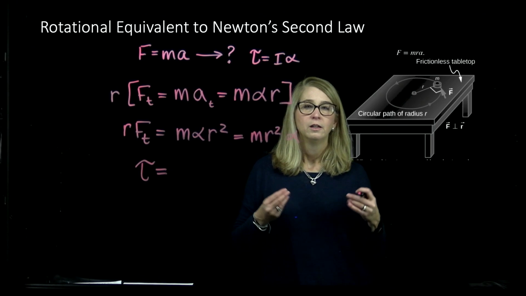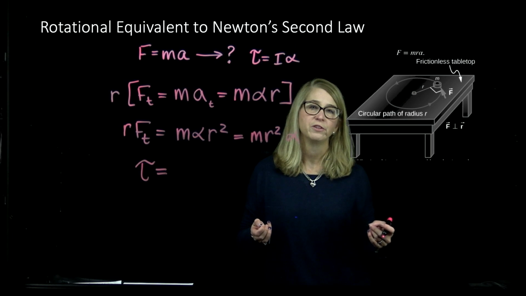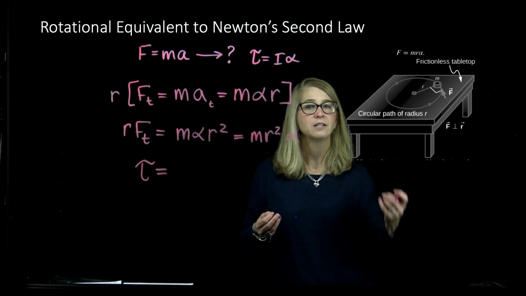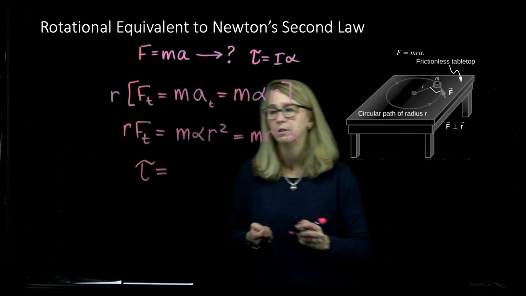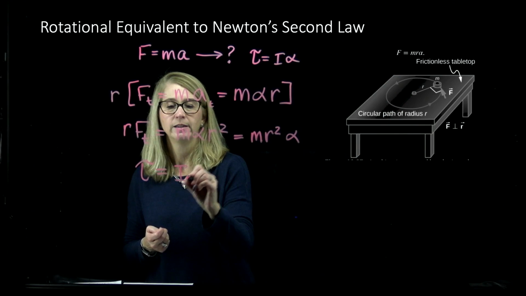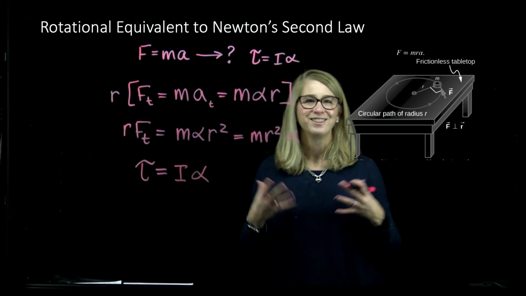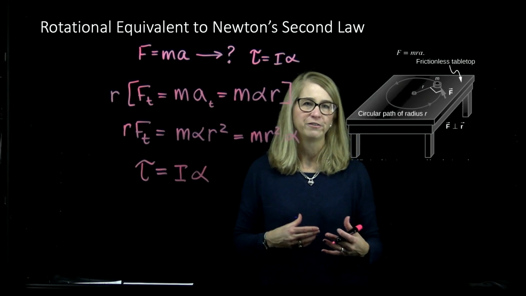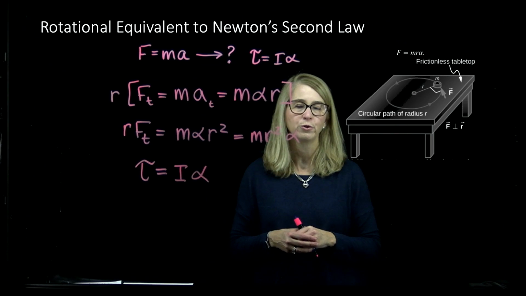And m r squared, for this particular scenario, is really just the moment of inertia of that particular mass as it rotates about the axis going down through the center of the table. So that's equal to I, and then we're left with alpha. So we did find that this torque equals I times alpha can be used to describe this particular motion.